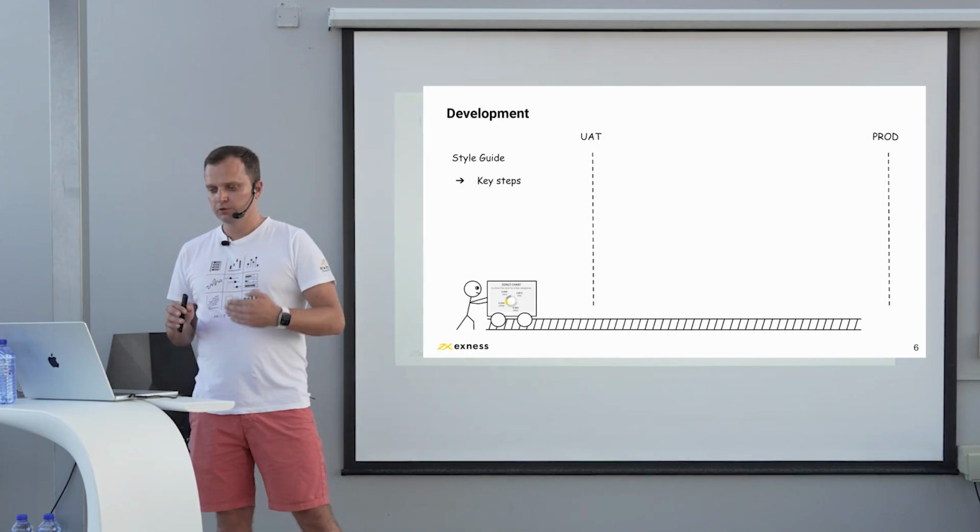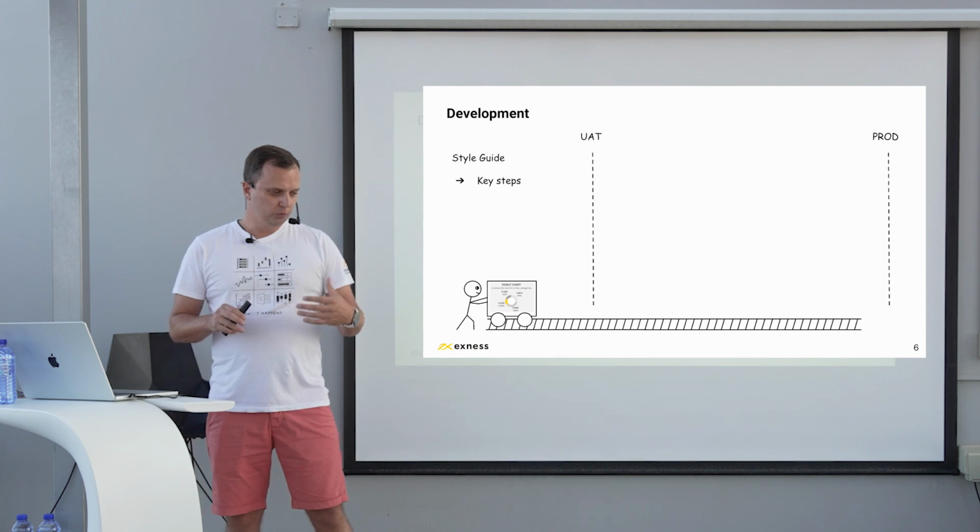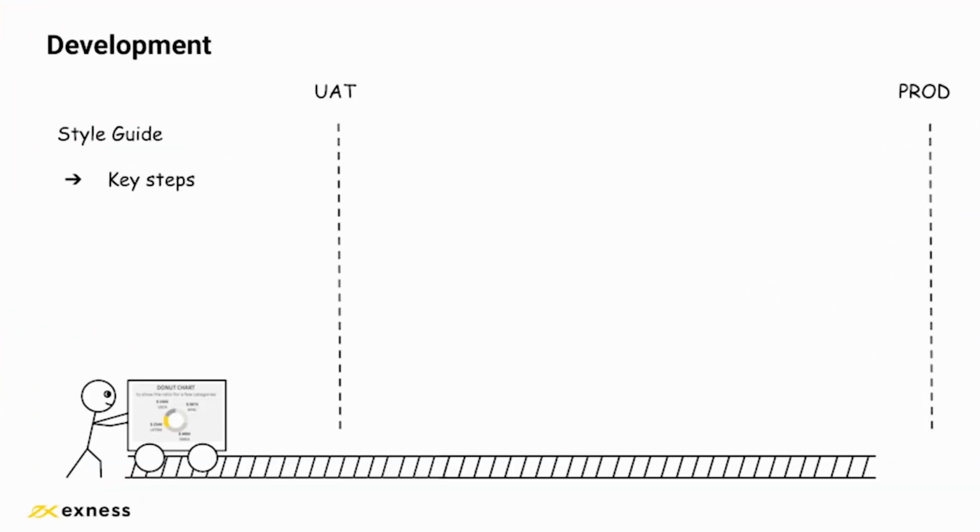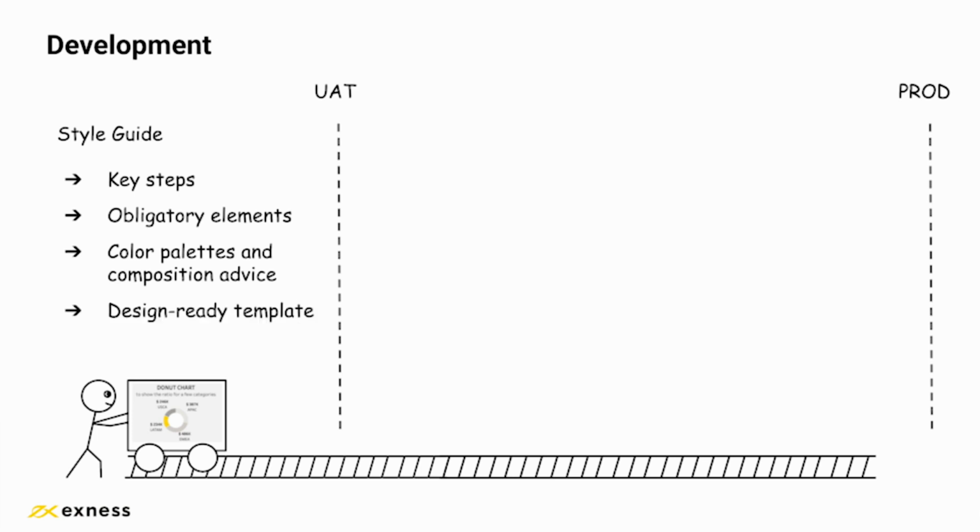But seriously, we have a style guide, and inside we have the key steps of what a developer should do in order to provide beautiful and consistent visualization. Of course, we have some obligatory elements, for example the Exness logo, some figures, and so on. Also, we have advice about color palettes, composition, and so on. And finally, what is most important here is the design-ready template, so you can easily copy-paste and start quickly.